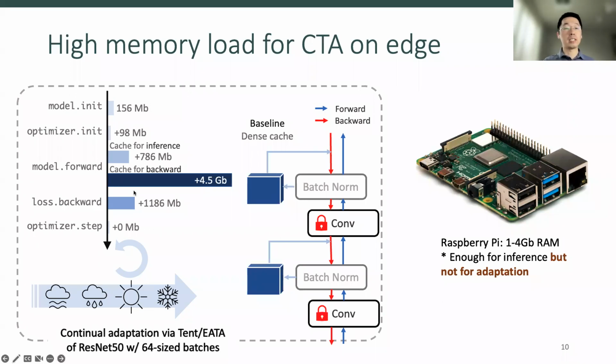Because we noticed that when you want to do the back-propagation, you actually need more memory, because to compute the gradients you have to keep a cache. The cache is stored during the forward pass, and it will be used to compute the gradient in the backward pass. So we notice this is a very large memory load, about 4.5 gigabytes.